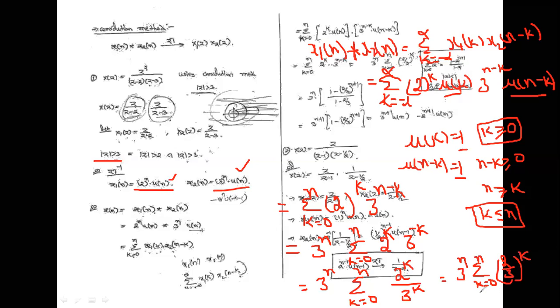Now use the formula: the sum of a power n from n1 to n2, you know the formula. That is 3 power n into the whole multiple: with k equal to 0, it is (2 by 3) power 0 minus (2 by 3) power n2 plus 1, where n2 is nothing but n, whole divided by 1 minus a, that is 1 minus 2 by 3.